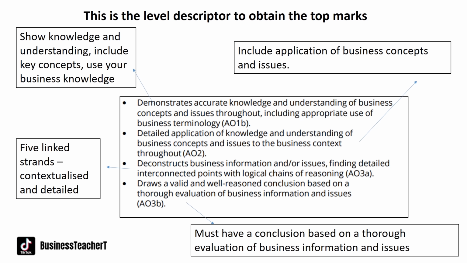You're also tested on AO3A, which is about business information and using detailed interconnected points and logical chains of reasoning. And you are also assessed on AO3B, which is having a well-reasoned conclusion. So you must have a conclusion for your 12 marker.